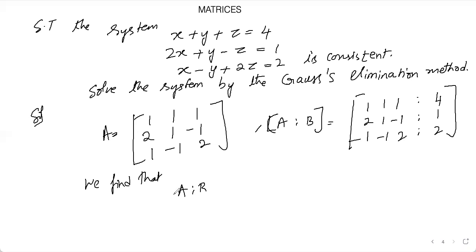Now let us apply the row operations. So let us put R2 as R2 minus 2R1, and R3 as R3 minus R1. Okay, let us apply that.